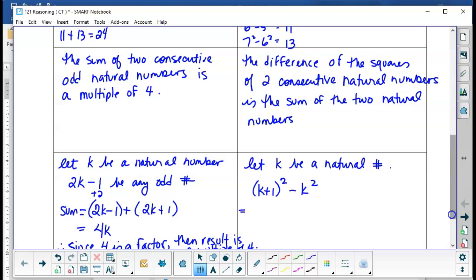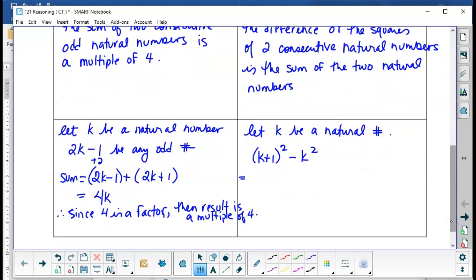So then figure out, expand that out, that'd be k squared plus 2k plus 1 minus k squared is 2k plus 1, okay? And then, how does that relate to the sum of the two numbers? Well, the two numbers were k plus 1 and k. So if we split this up, that's k plus k is 2k plus 1. So there's the sum of the two numbers.